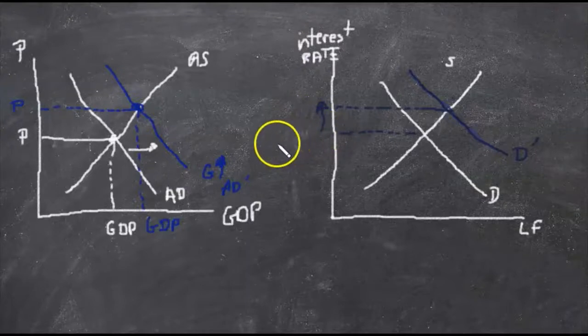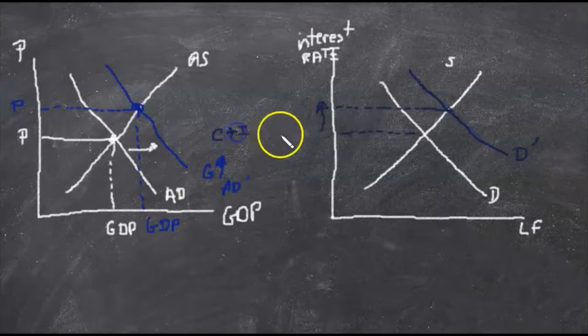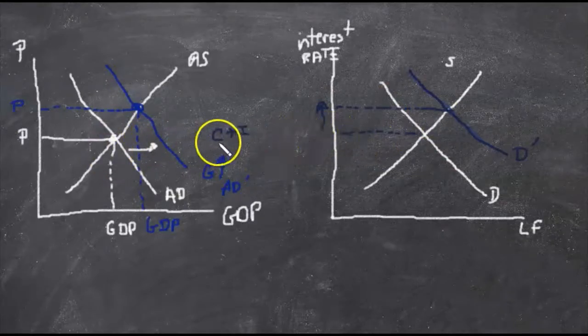Now, as the interest rate goes up, the other components of aggregate demand, namely consumption plus investment, are going to decrease. And we know that as interest rates rise, households will borrow less. We have a decrease in investment, and so we could expect that aggregate demand moves back down.